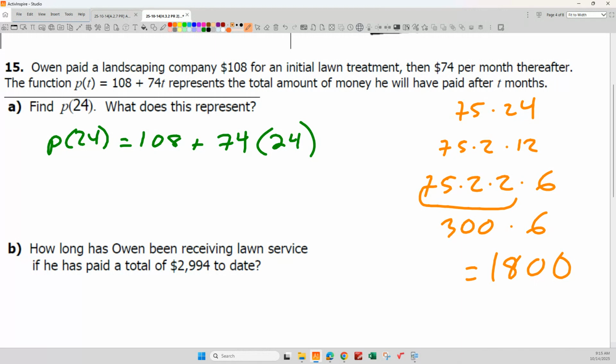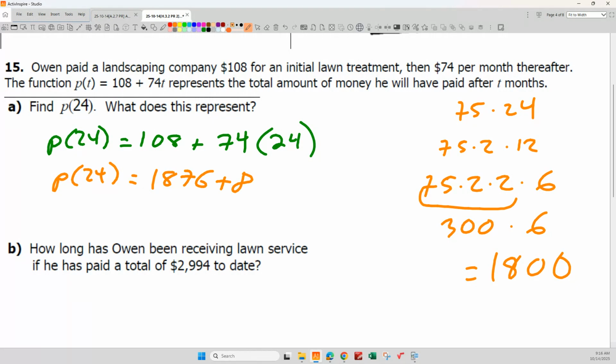Anyway, we could just plug all that in and get an answer, right? So we got 1776 plus 108. Well, that's 1876 plus 8 is what? Plus 8, right?